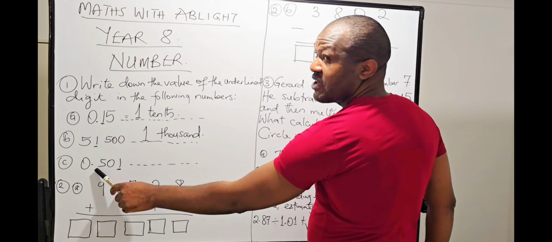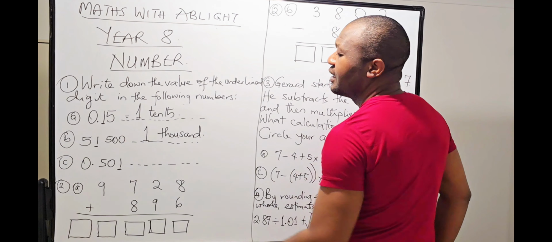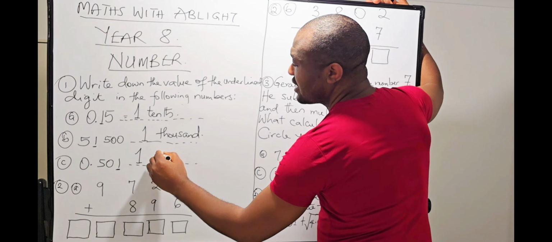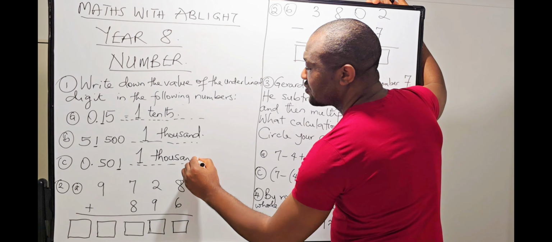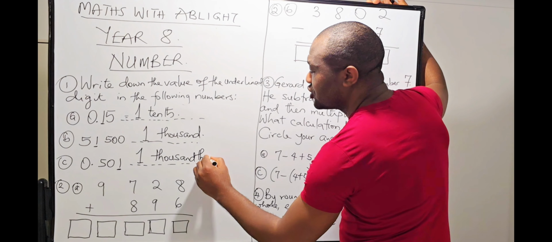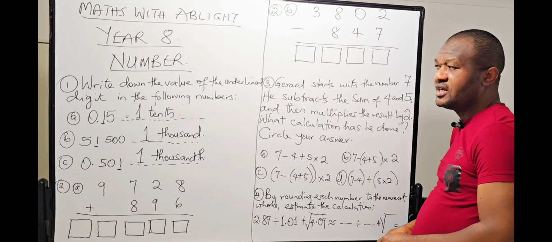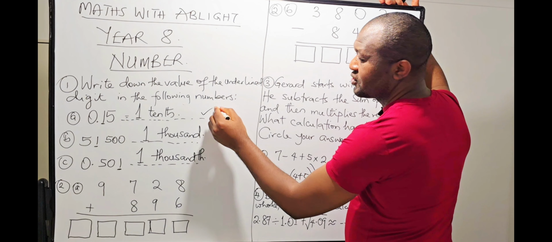This is what? Tenth, hundredth, thousandth. So you will write 1 and then you put thousandth with a what? Th, because it is after decimal point. With that, you have scored everything you have been asked to solve here.